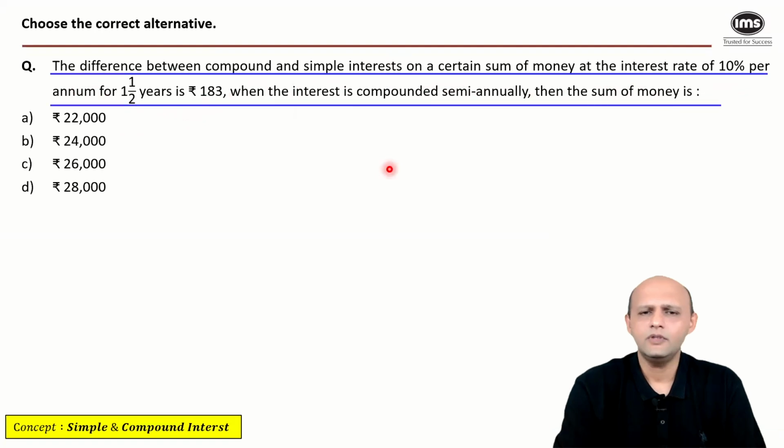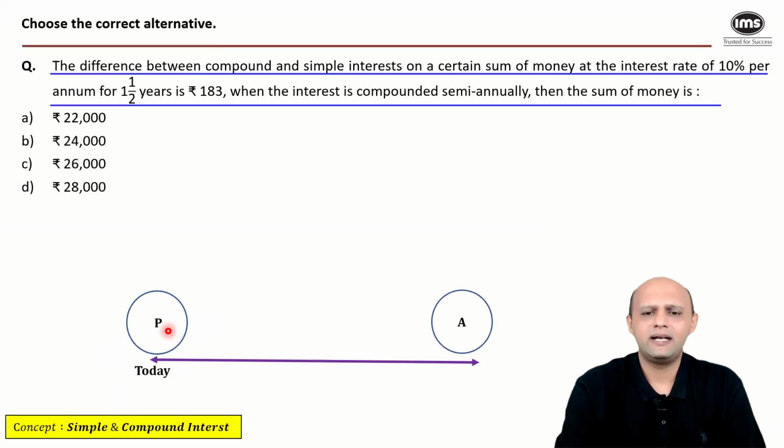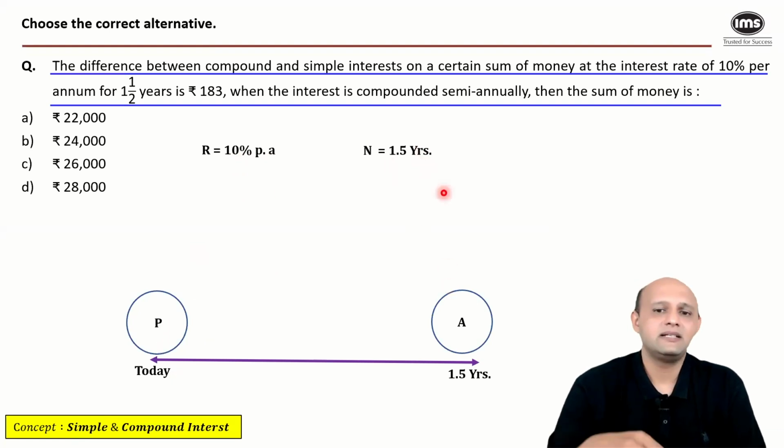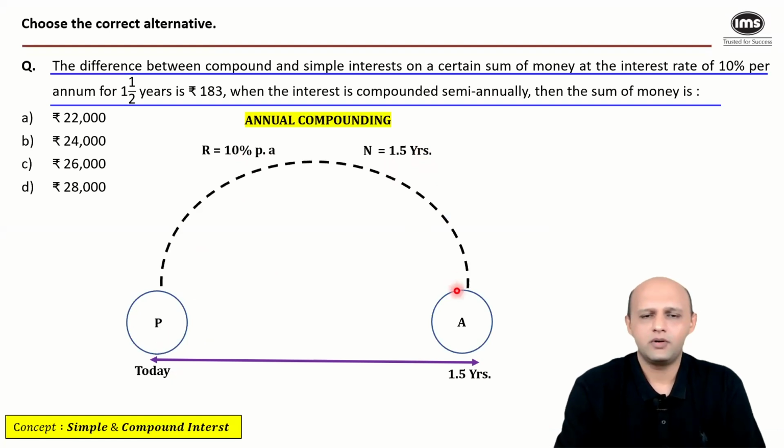Now, how will you do that? If you're here today and after a span of 1.5 years, if you follow the normal scheme, which is the annual compounding process, the rate of interest is 10% per annum, and it is going to take you 1.5 years to repay the entire principal back along with the interest, thereby generating this amount. So this is annual compounding.